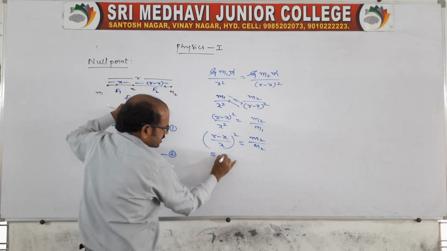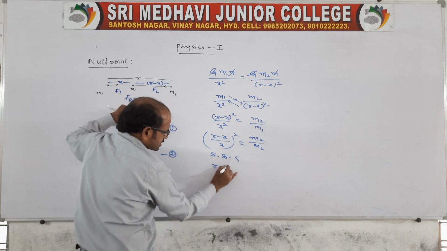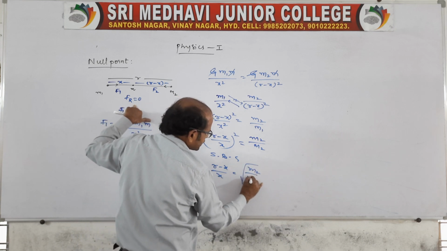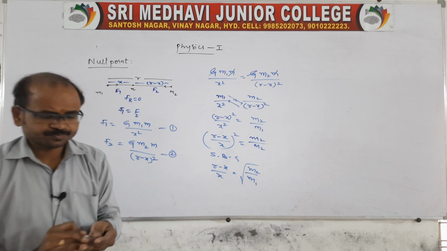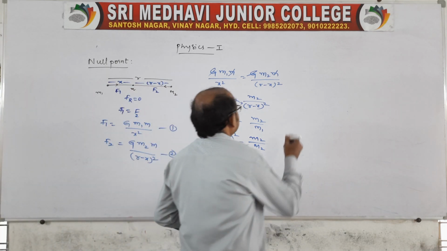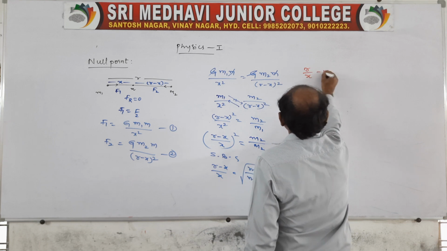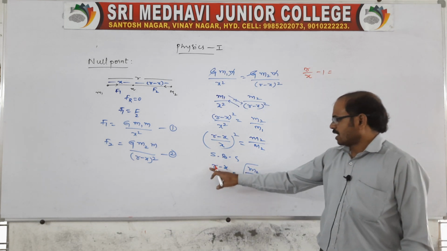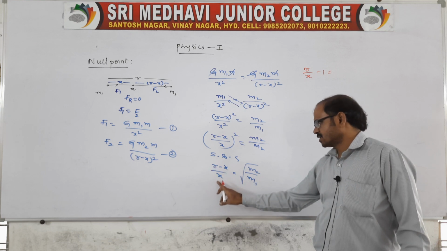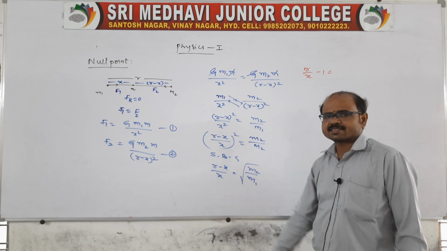Now take the square root on both sides, so r minus x by x is equal to square root of M2 by M1. Now from here, r by x minus 1, because r minus x by x, divide separately: r by x minus x by x, the x cancels.